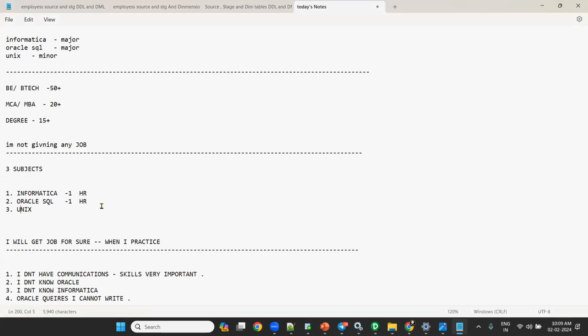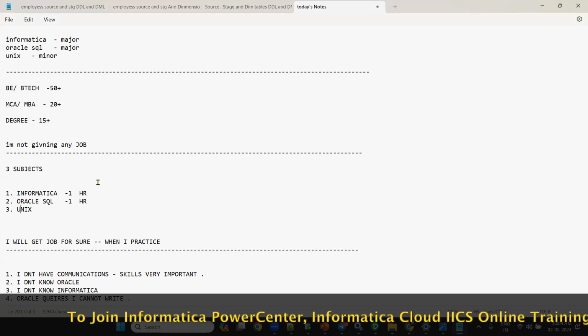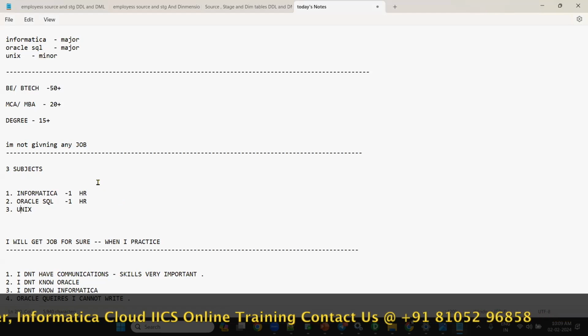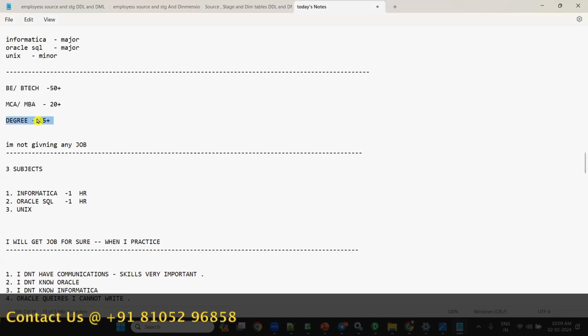Now, in our training, everyone has completed their BA, BE or BTech, MCA or MBA, or any degree, that is BSc, BCom, BA, BBM, whatever you completed. If you completed a degree, you would have at least 15 plus subjects. If you completed MCA, MBA, at least 20 plus subjects.